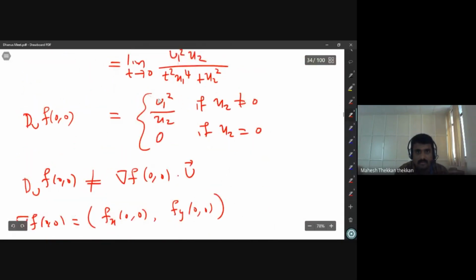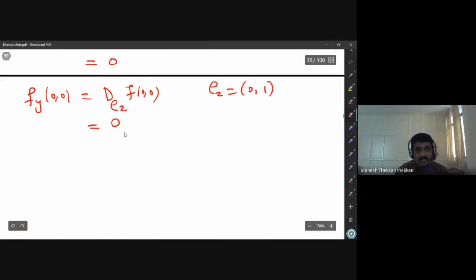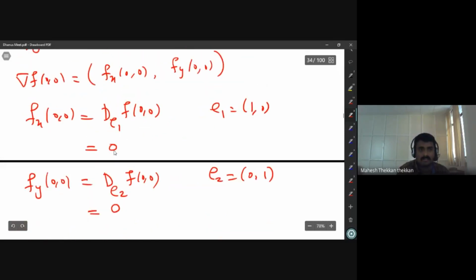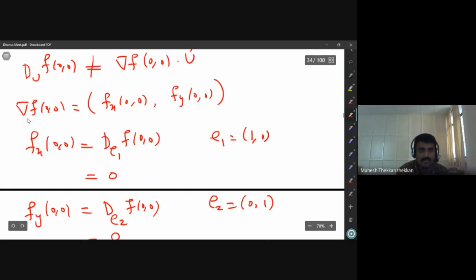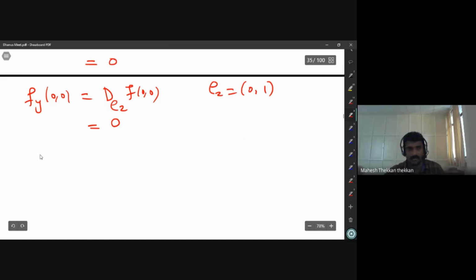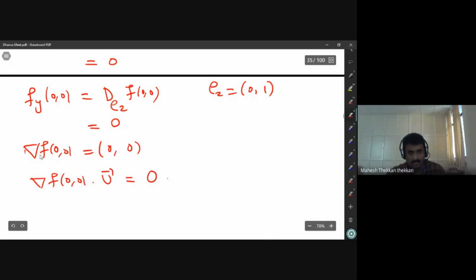So if I put u1 equal to 0, this term again becomes 0. That is why fy at 0, 0 is 0. So I got fx at 0, 0 is 0 and fy at 0, 0 is 0. So what is our del f? Del f is 0 only. So I got del f at 0, 0 is nothing but 0, comma 0. So del f dot u is again what? del f at 0, 0 dot u is nothing but 0. This is not equal to our directional derivative d_u f at 0, 0.